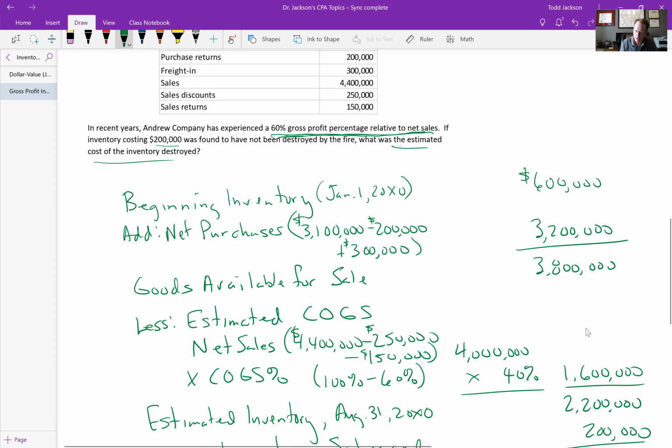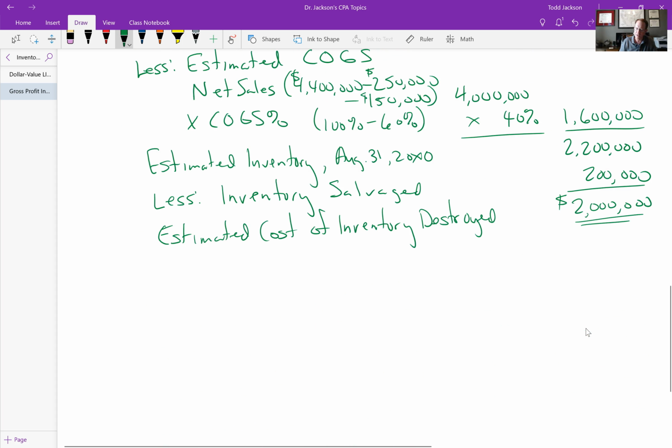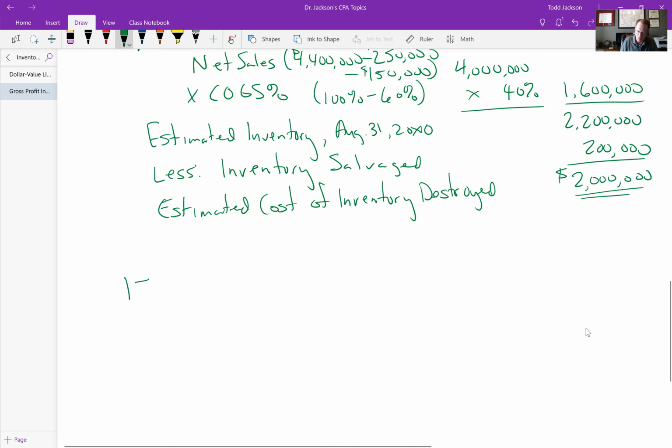Instead of wording this as 60% gross profit relative to sales, this could have been worded as 150% gross profit relative to cost of goods sold.